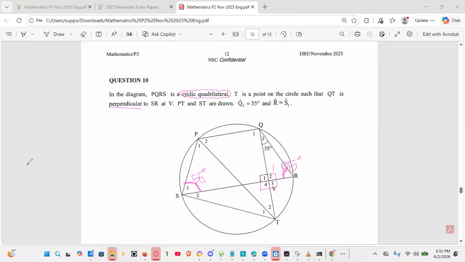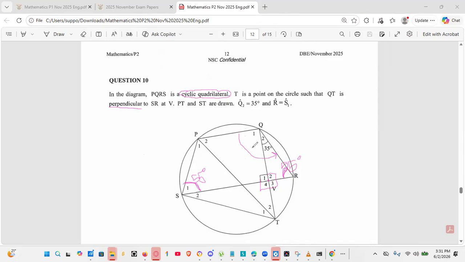Let me erase this. So what other angle can we figure out? We can figure out this angle here. P and S are in a cyclic quad. That means they'll sum up to 180.